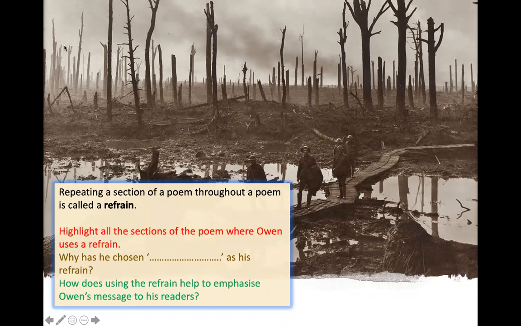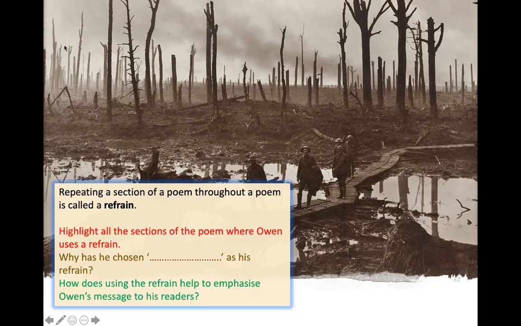Okay, structurally, we're just going to talk about the refrain, the section of the poem that is being repeated. Hint: the half lines that I spoke about earlier. Some of the half lines are repeated. Highlight them or write them down, and discuss why Owen has chosen this refrain. I won't go through an example of that with you, but that is quite straightforward.